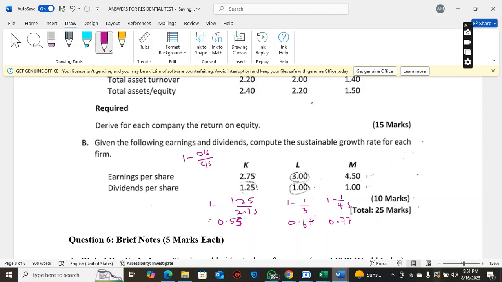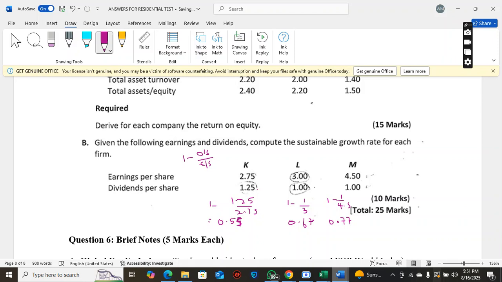Let's say, for example, you are trying to form a portfolio and you see this. Which company will you invest in, or which company will you buy shares in, looking at the retention ratios? Here we're basing it on retention ratio.